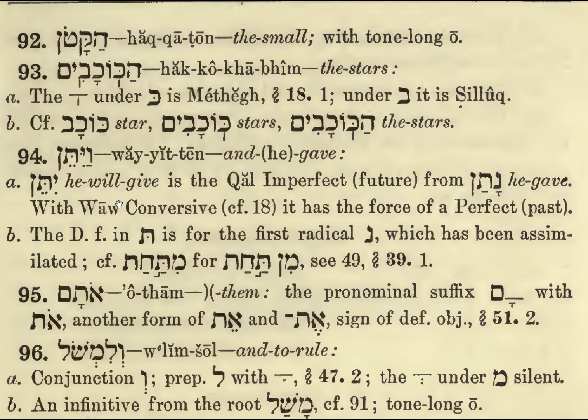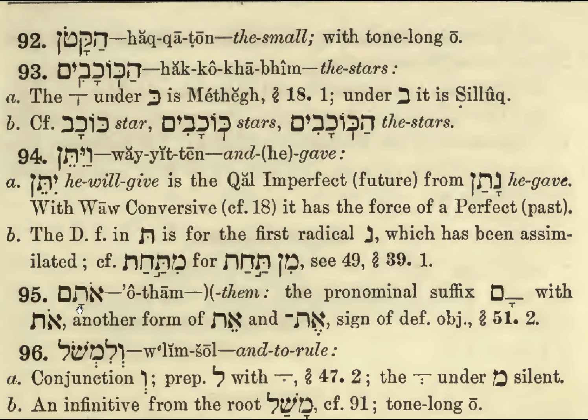And with the vav conversive, vai, it has the force of the perfect past. The dagesh forte in the t here is to replace the missing nun, which has been assimilated from natan. So it's natan, but the n is missing, so instead of yintain, it's yittain. Just like we had mit tahat from min tahat. So we have the same thing going on here.